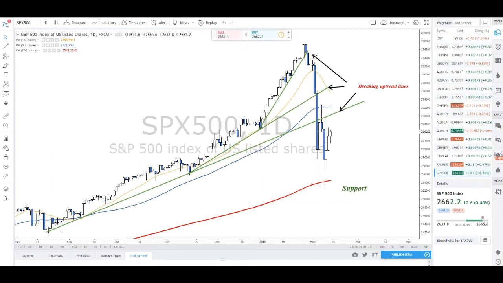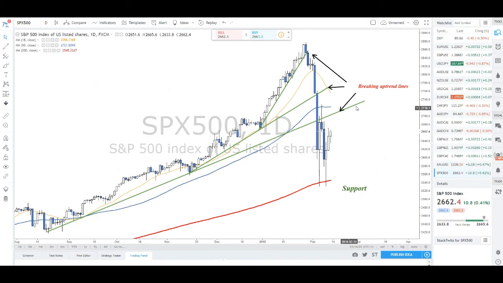Near 2700, SPX will retest the broken uptrend line that you see right here. This broken uptrend line already was proven as resistance last week when the price tried to climb above it and was rejected and was sent back to the 200 days MA line to test it as support.